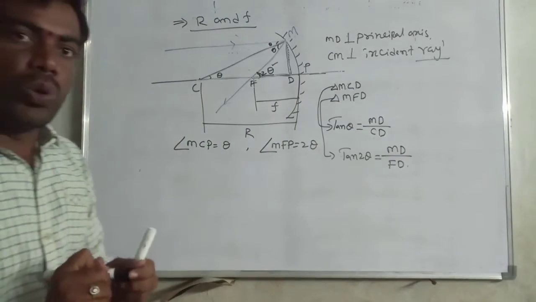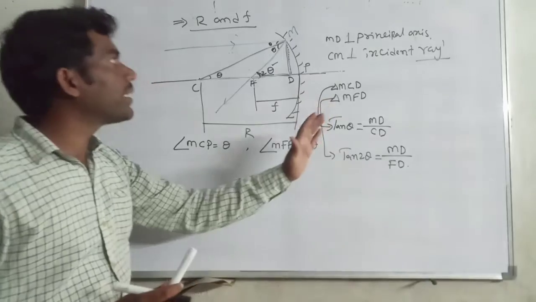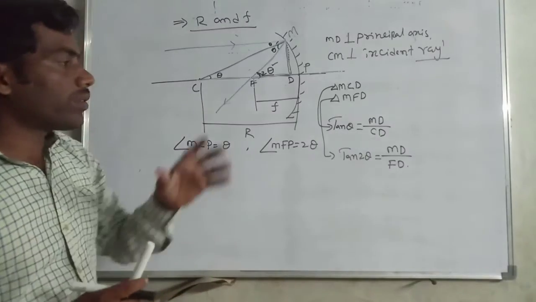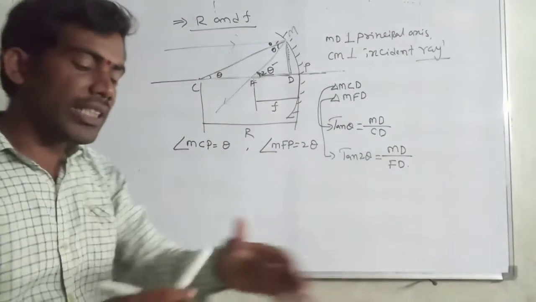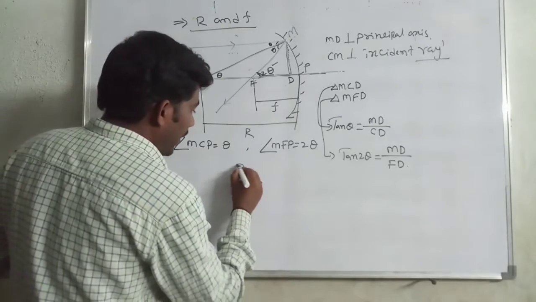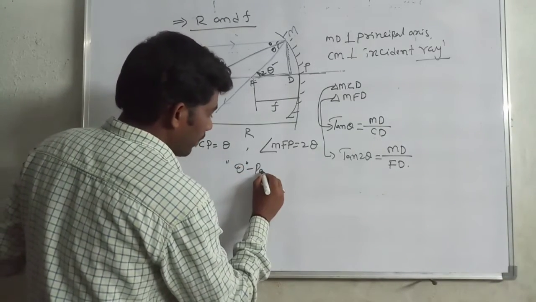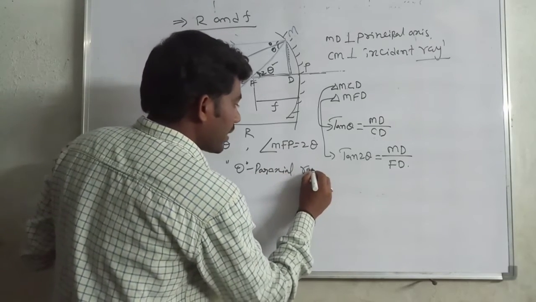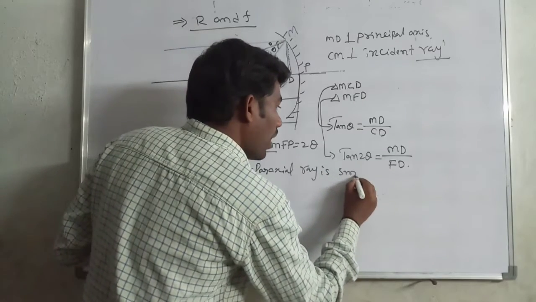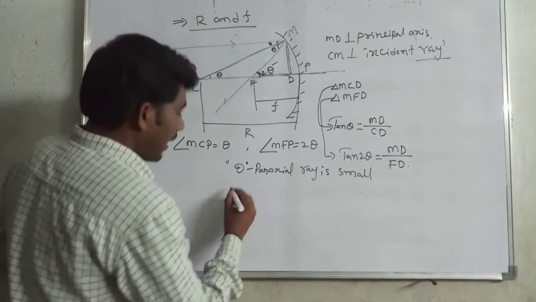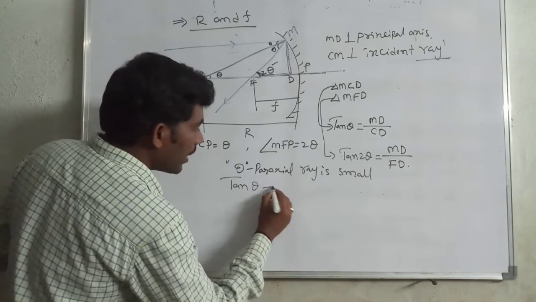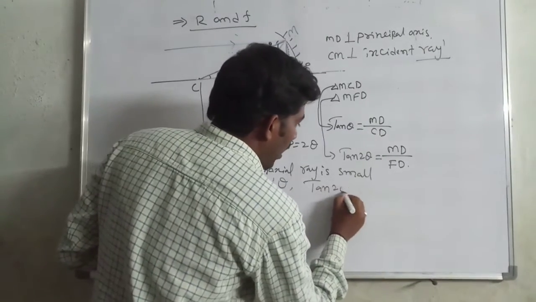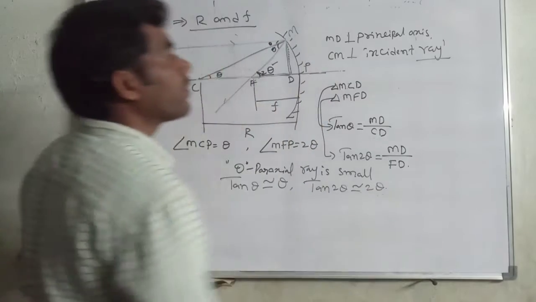But we have the main assumption that this is a paraxial method. In this paraxial method, what is the theta value? Theta is very small for paraxial rays. So tan theta is nearly equal to theta, and tan 2 theta is nearly equal to 2 theta.